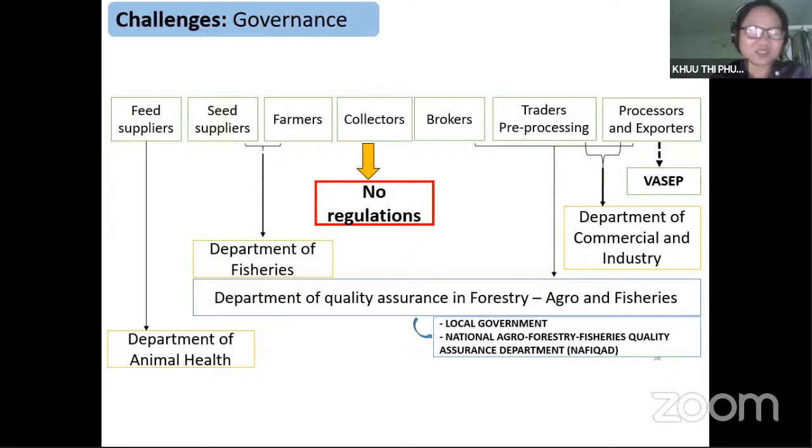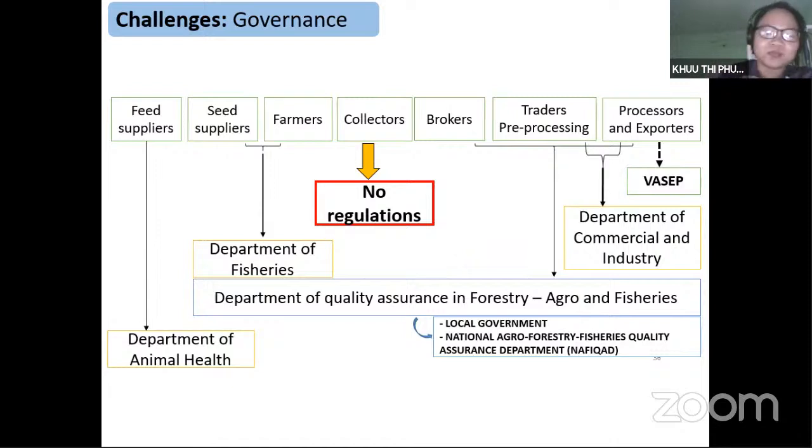We have a lot. But when we apply those regulations in the real situation, we cannot apply them, because the willingness to share and cooperate of the agents in the supply chain is not very high, especially, as I mentioned, farmers, collectors and brokers.